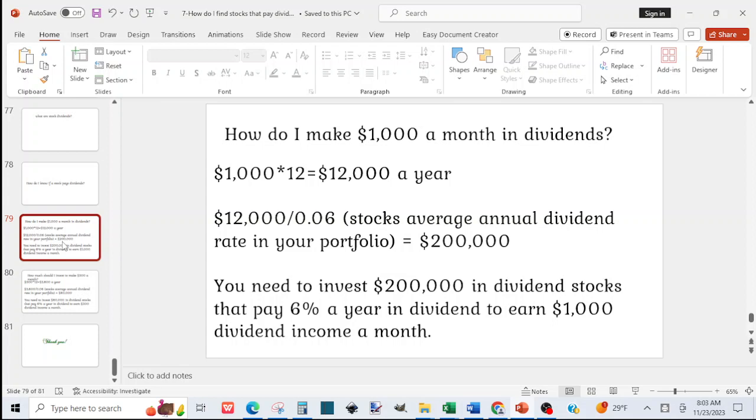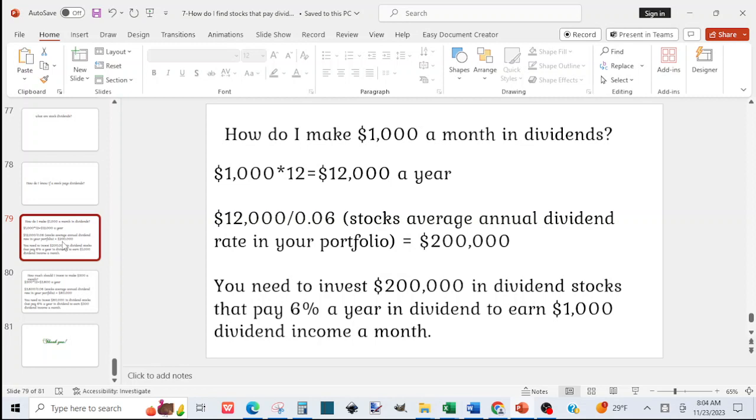Well, if you want to reach that goal of making $1,000 a month in dividend income, you'll take that $1,000 and you'll times it by 12. When you times it by 12, it'll give you $12,000 for the whole year. So you choose the dividend yield that you are willing to accept from those stocks you want to invest in. And here we just pick 6%.